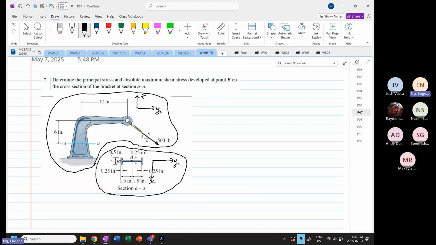So I think resolving what is the axial load and what is the moment are critical down here.